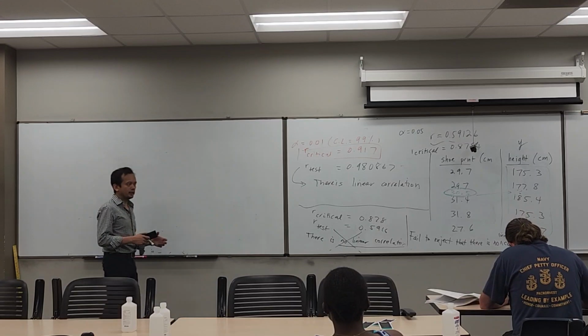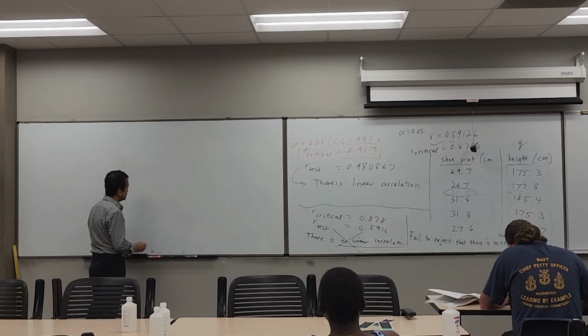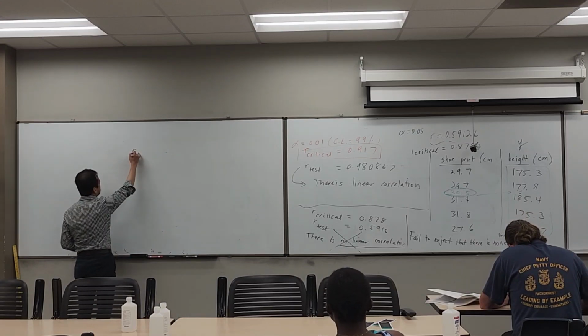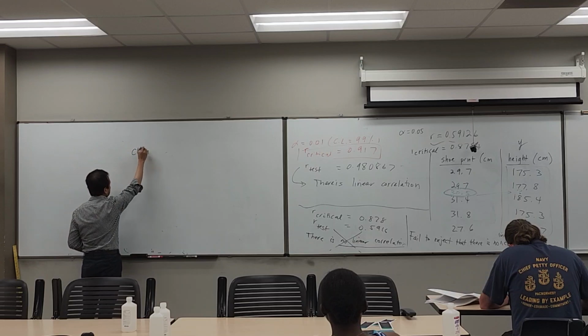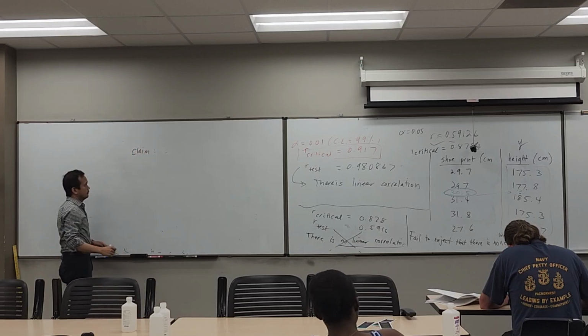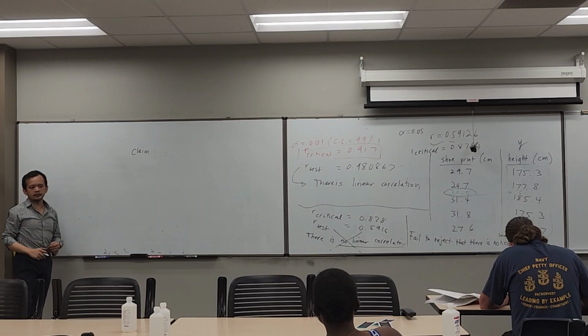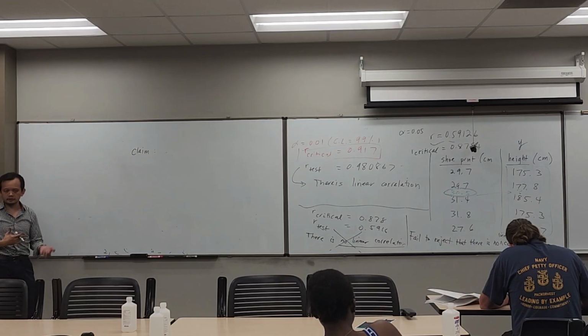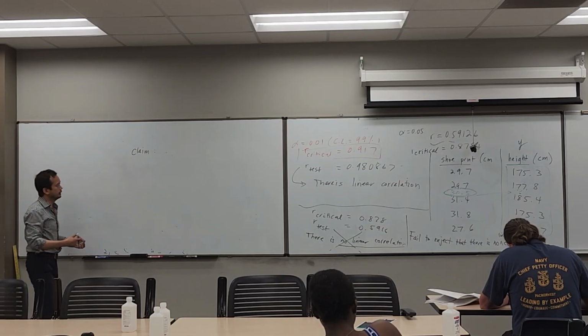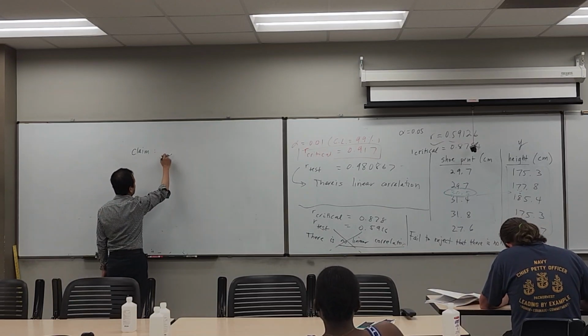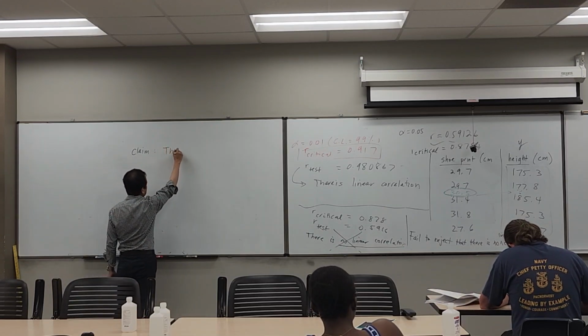So let's formalize this with hypothesis testing. In hypothesis testing, there's a claim we're trying to make. And the claim can either be that there is correlation or there is no correlation. It doesn't matter. But let's say that our claim is there is correlation.